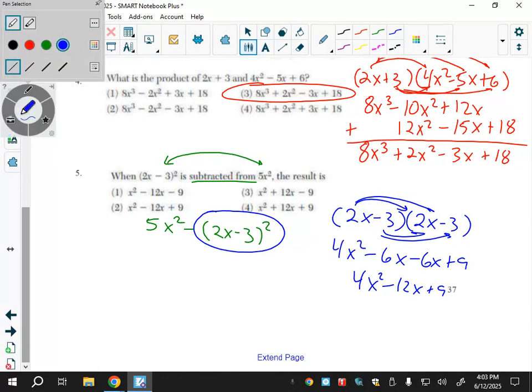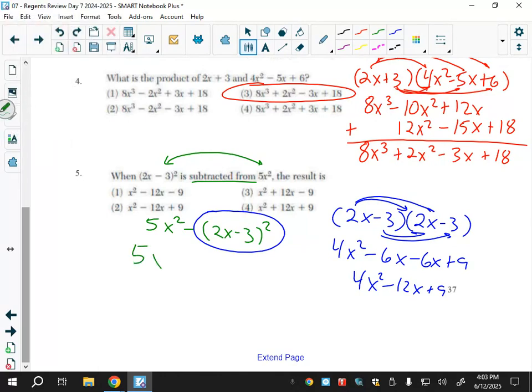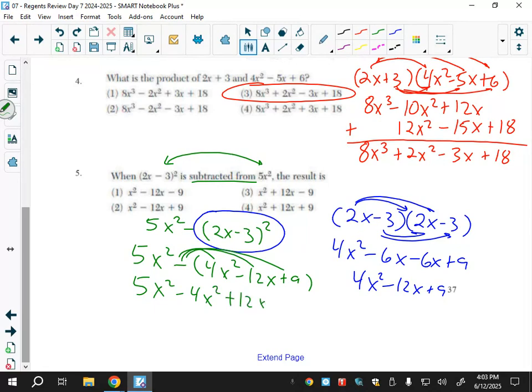And we're subtracting, so that's still going to stay in parentheses until I can distribute that negative to each term. And then we can just combine our like terms to get x squared plus 12x minus 9, which would be answer choice 3.